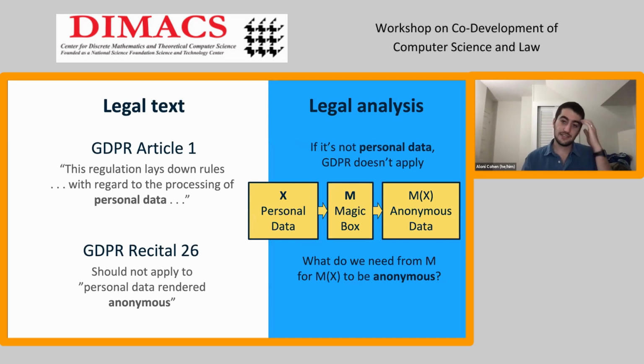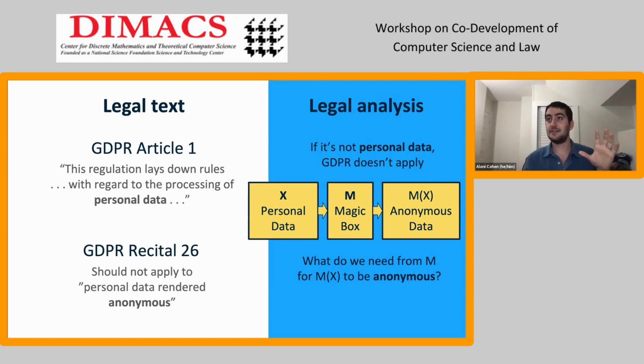So if you read this, it tells you that if it's not personal data, the GDPR doesn't apply. And this suggests a way to get GDPR compliance for free, in a sense.